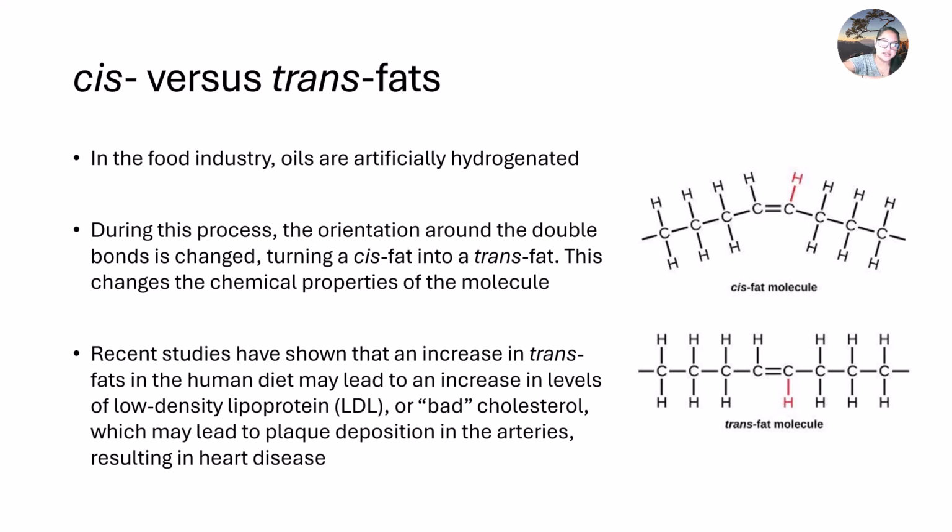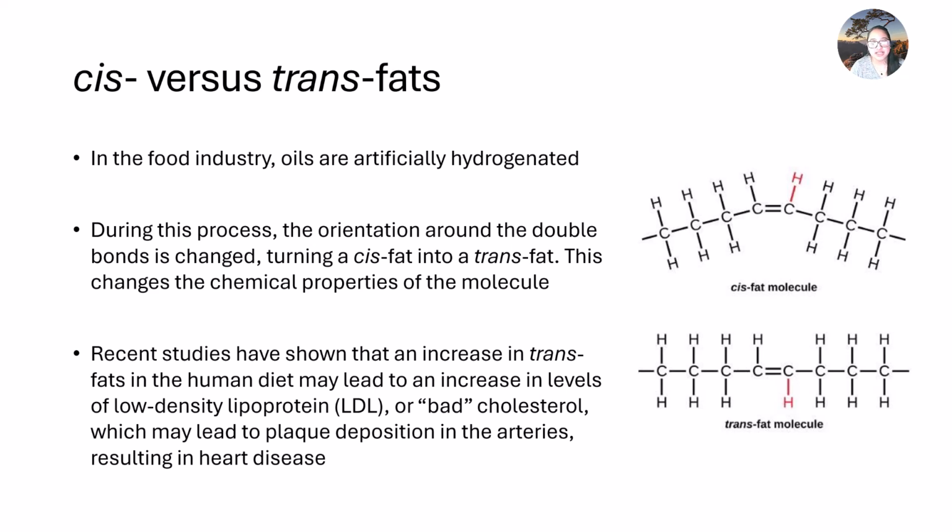It makes a difference in the shape and how it's going to interact with other molecules. So this changes the chemical properties of the molecules. Cis fats are more normal. And trans fats are a byproduct of these artificially hydrogenated processes. The fact that it's a different orientation makes a difference, and it's worse for you.